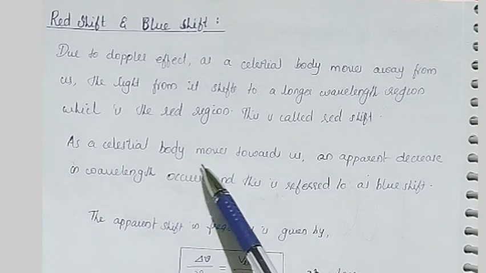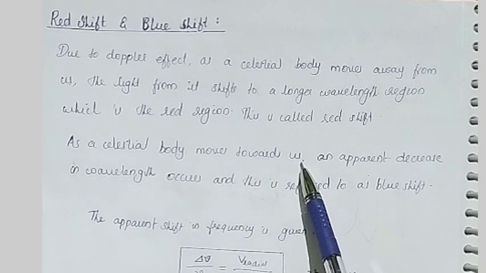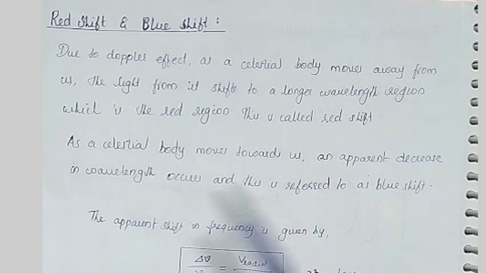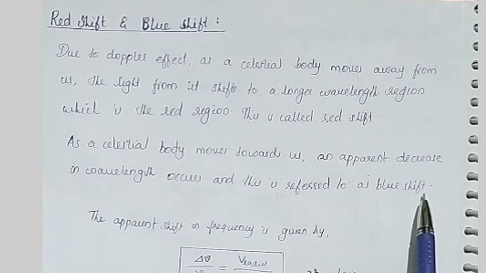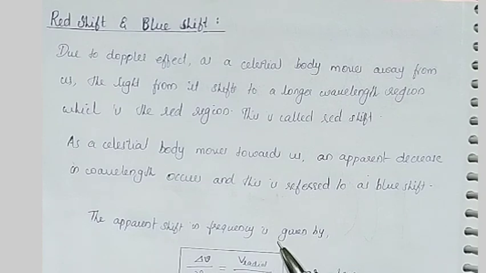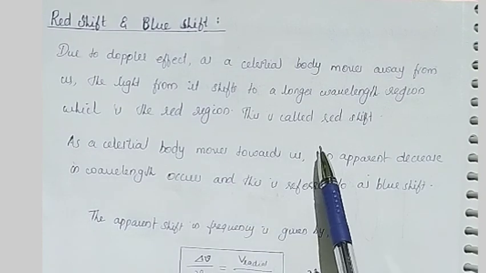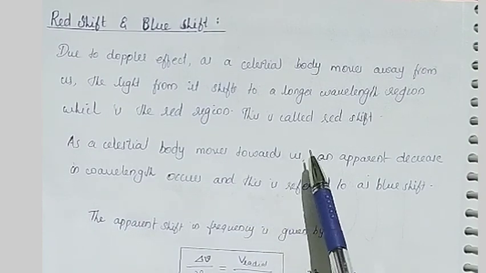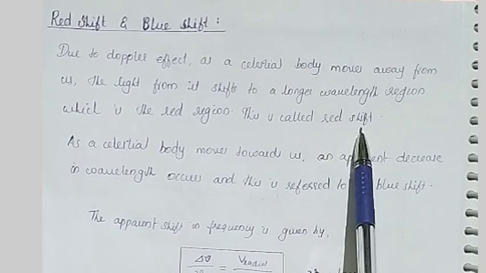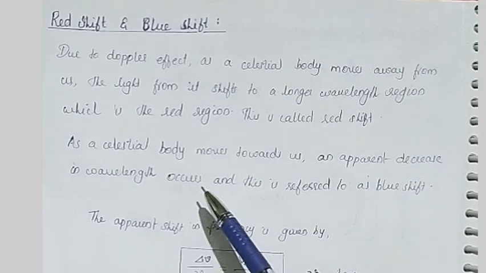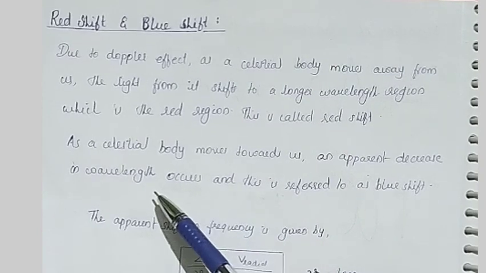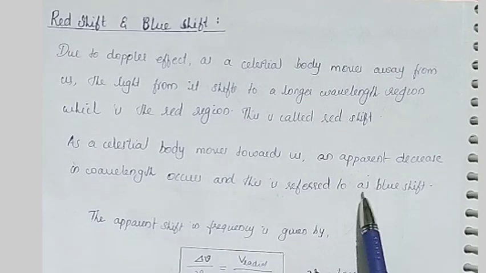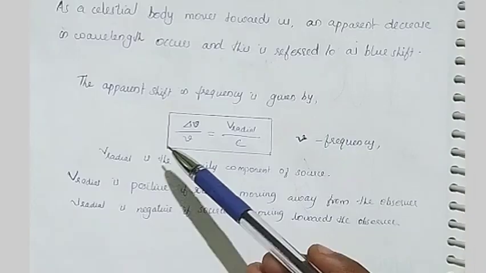Whereas when a celestial body is moving towards us, we can see an apparent decrease in the wavelength, and this causes blue shift. So when the source is moving away, there is a shift to the longer wavelength, and that is called red shift, and when the source is moving towards, there is a shift to the shorter wavelength, which is referred to as the blue shift.